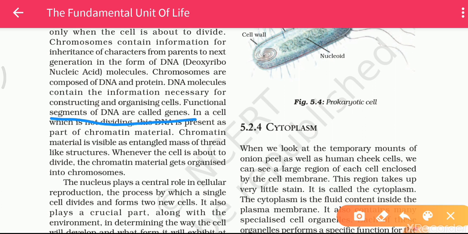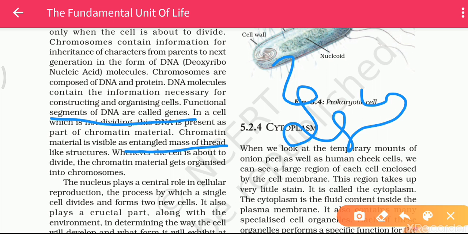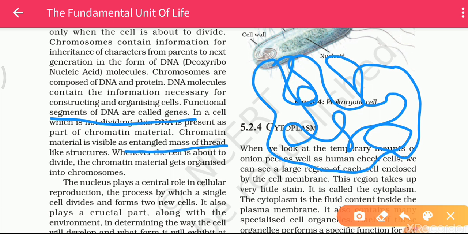Okay, students, now see further here. In a cell which is not dividing, the DNA is present as a part of chromatin material. Chromatin material is visible as an entangled mass. Entangled mass means like this, twisted in form. Chromatin materials are present inside the nucleus as an entangled mass of thread-like structure.